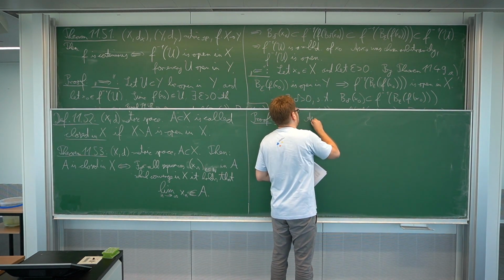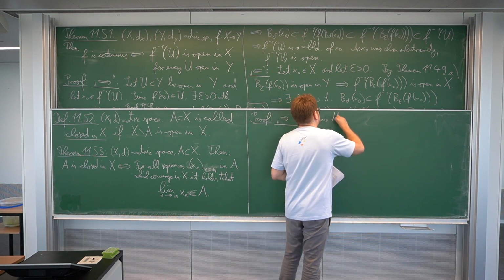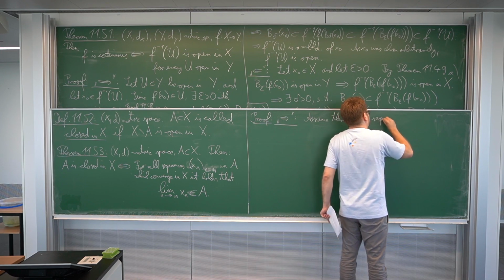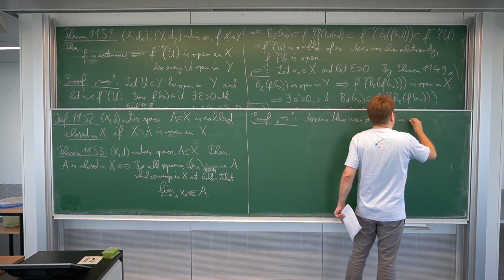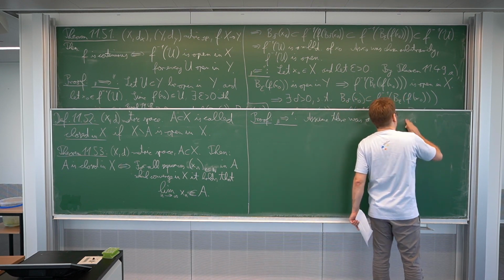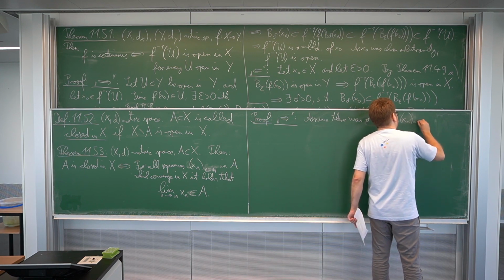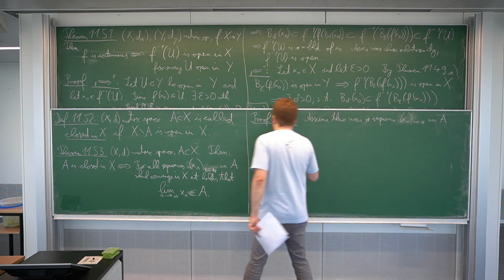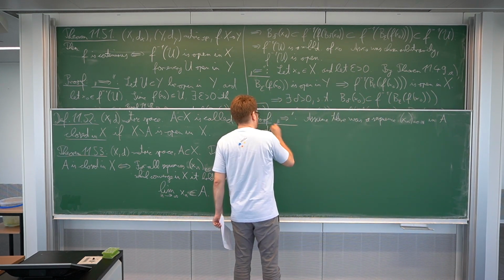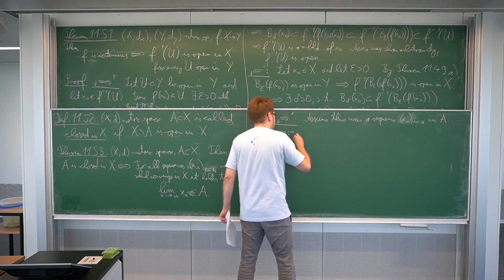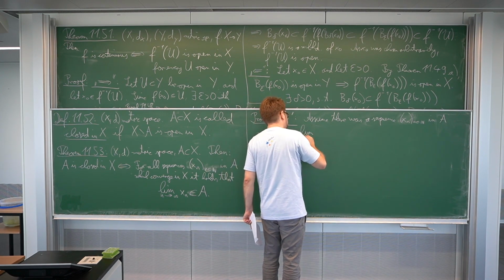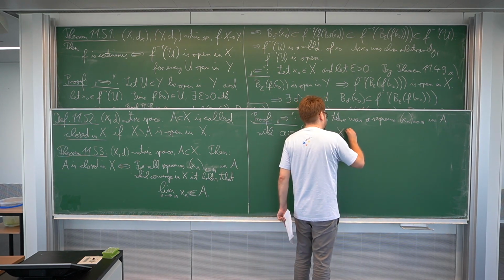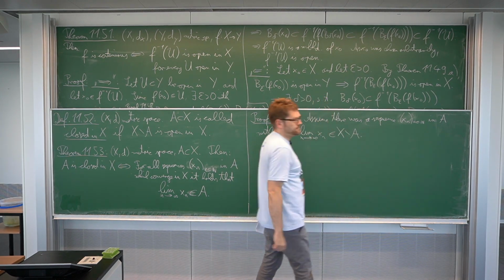So assume A is closed, and assume there was a sequence xn in A which converges and such that the limit, which I call small a, defined as the limit of xn, is not in A, so in the complement of A.